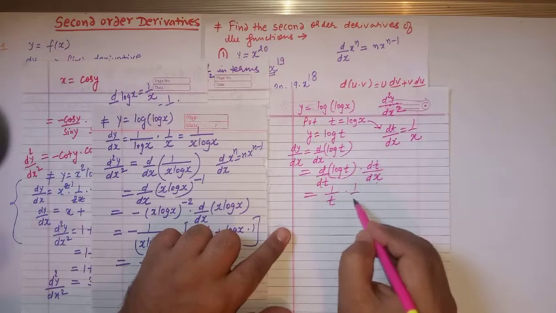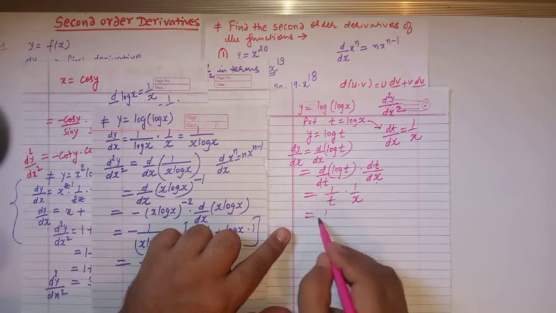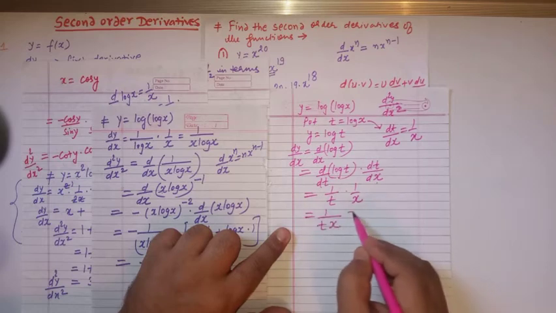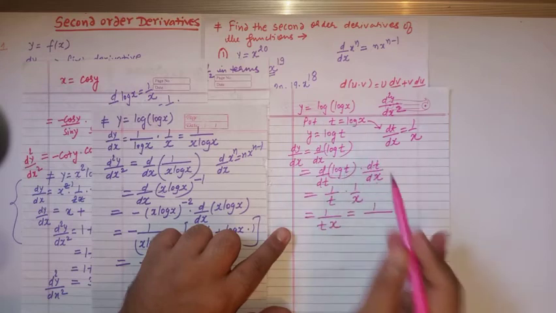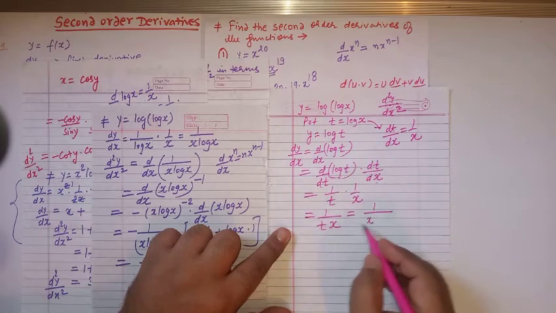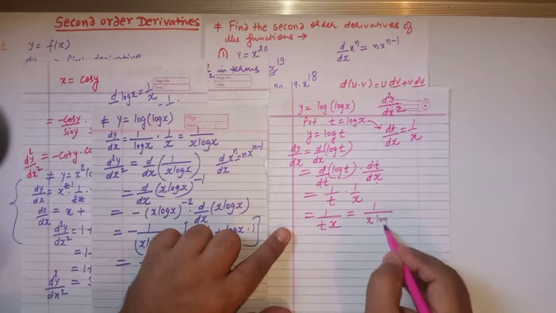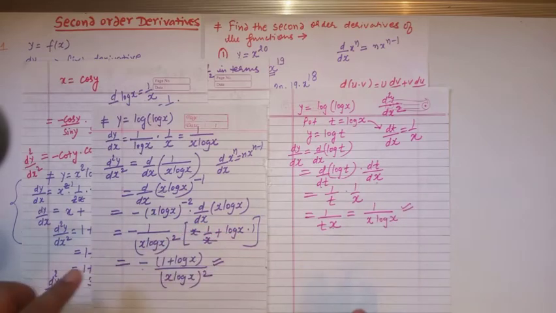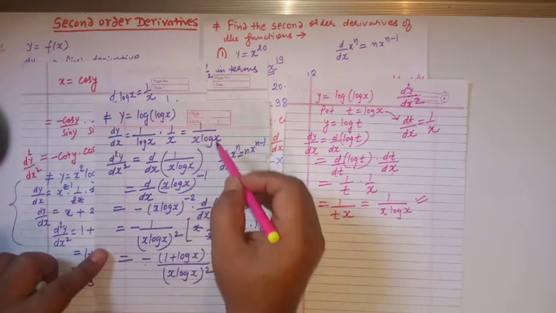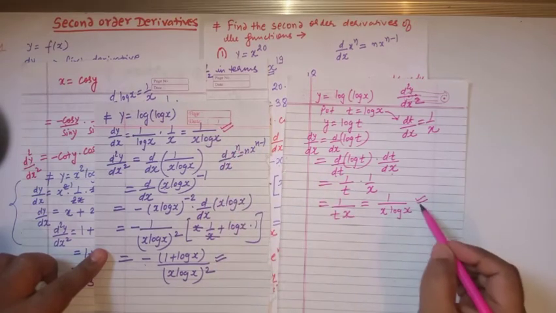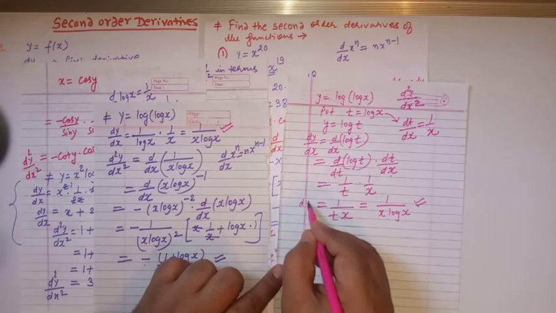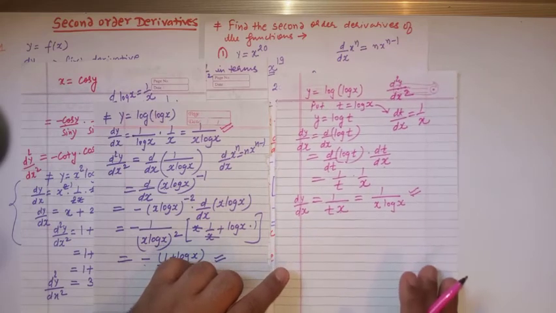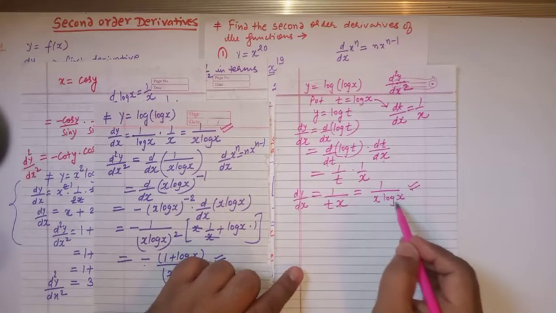So here we have 1 over tx, that is t is again log x, so we have x log x. So this is the first derivative, and this expression and the earlier expression are the same, so we have dy over dx is equal to 1 over x log x.